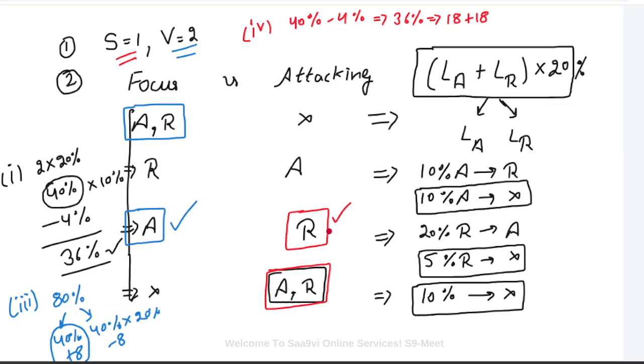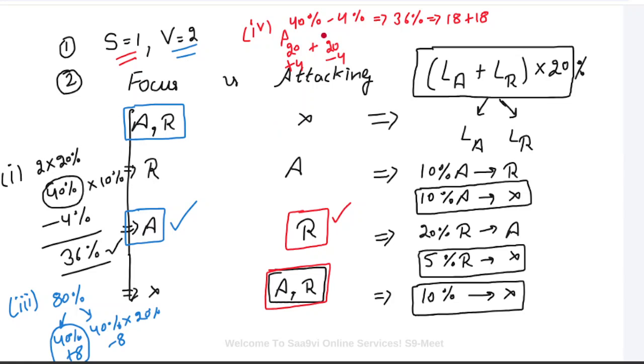Now what is going to happen in this case? In this case, level is again the same, 40%. Now when they are getting 20 and 20, 20% of Ramaya, that means 4%. So minus 4, plus 4 that will go to Amaya.